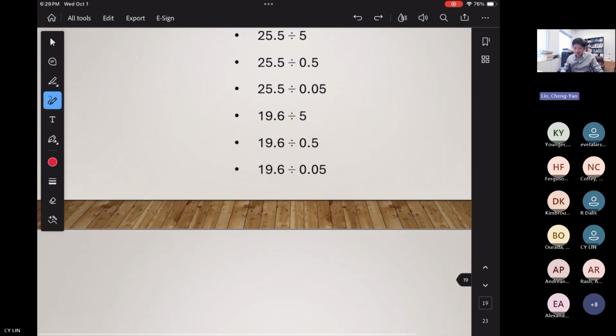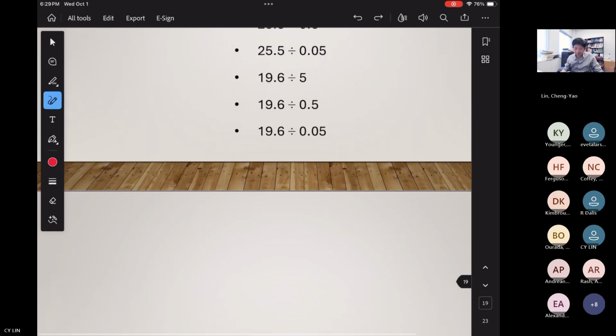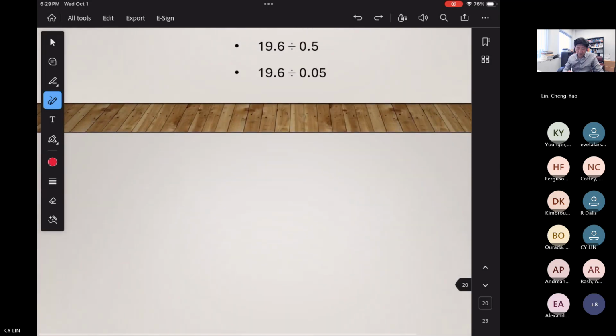All right. Let's check your answer right here, okay? 25.5 divided by 0.05, right?